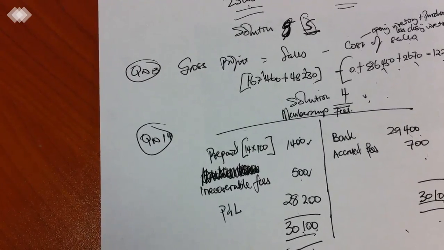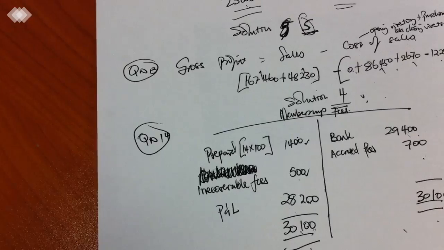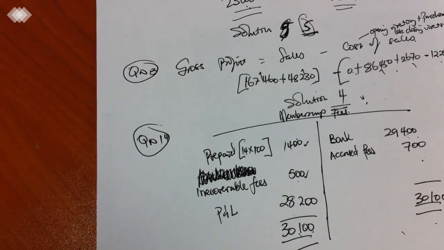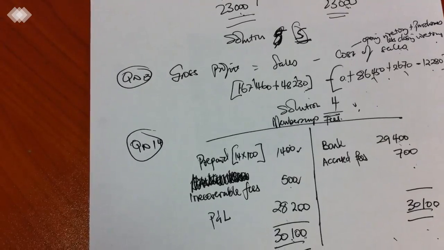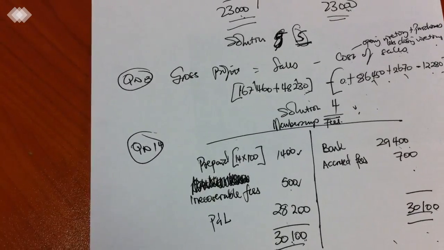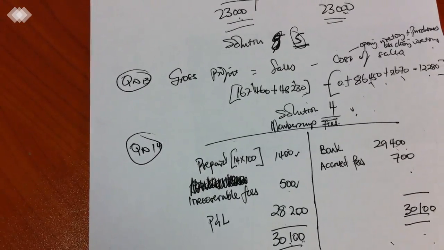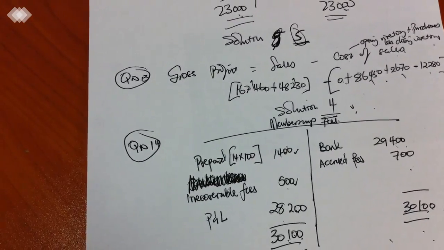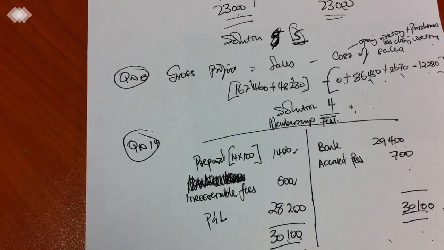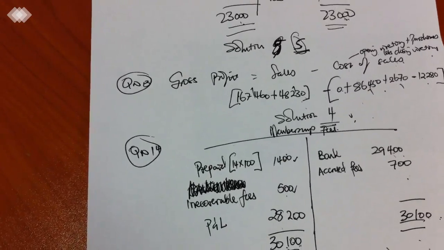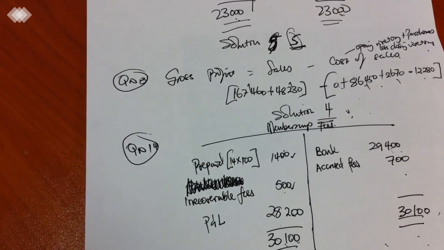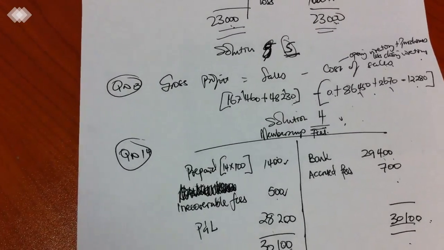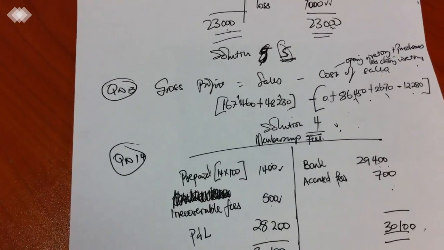It is question number 14 that we are looking at. We are told here that there are 20 members that are paying 100 rand per member, a membership, and we have an additional 10 members.